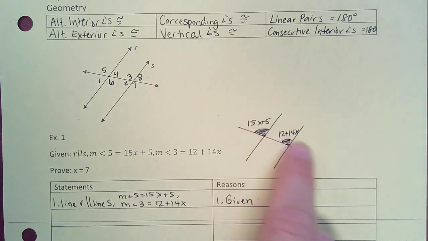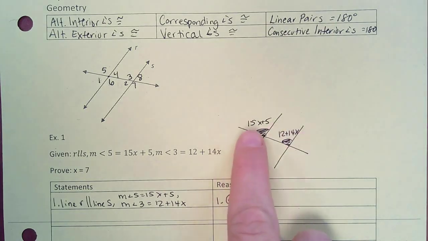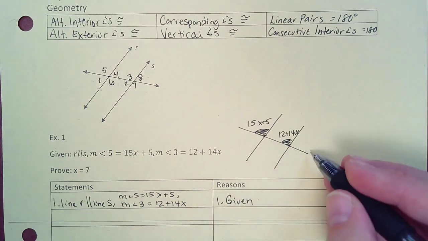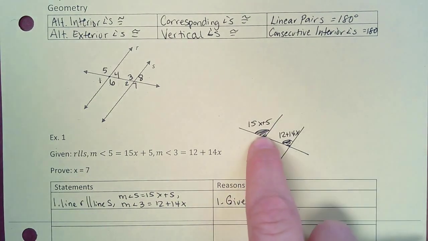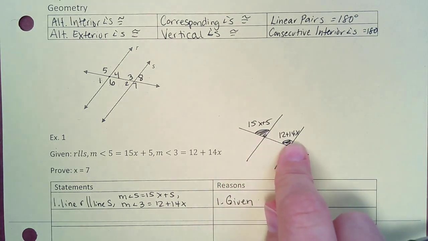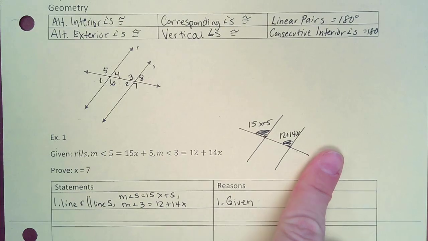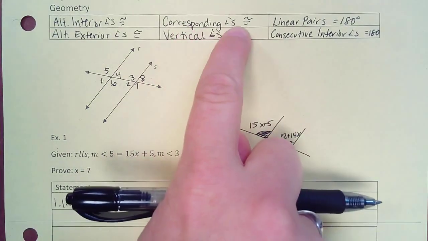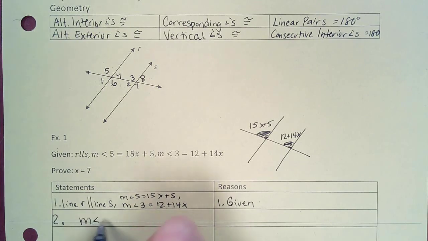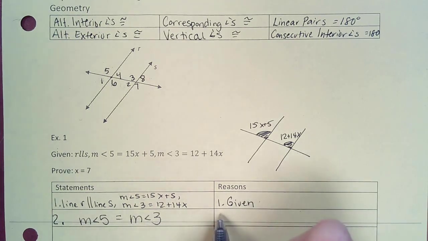Those angles, one's on the outside, one's on the inside, and they are on the same side of the transversal. This one's in the top left, this one's in the top left. So I would consider them corresponding angles. I know corresponding angles are congruent. So for step 2, I'm going to say measurement of angle 5 equals measurement of angle 3, by corresponding angle theorem.